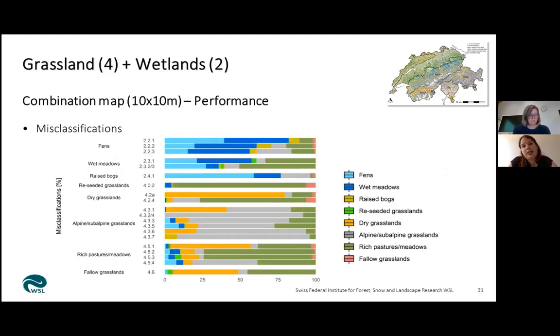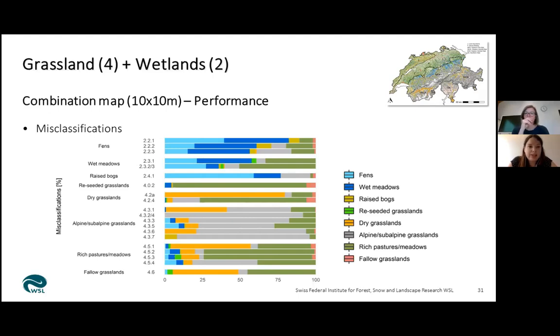Of course, we evaluated the performance of the combination maps in different ways, with confusion matrices and others. And here we see the misclassifications. So if a habitat type was misclassified, to which group the misclassification was assigned.